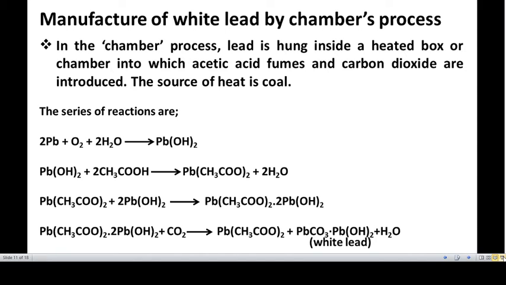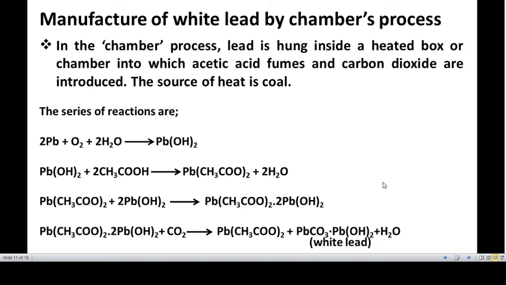So in presence of carbon dioxide, the above compound, that is Pb(CH3COO)2, that is lead acetate, lead hydroxide, reacts with carbon dioxide to form the white lead, that is PbCO3·Pb(OH)2. So these are the reactions which you have to remember for the manufacture of white lead by chamber process.